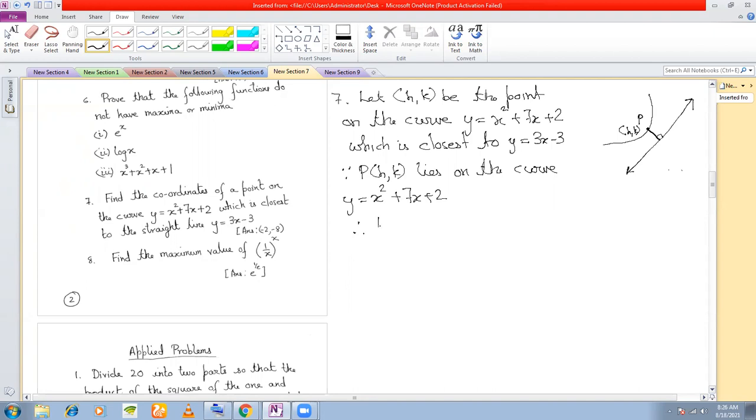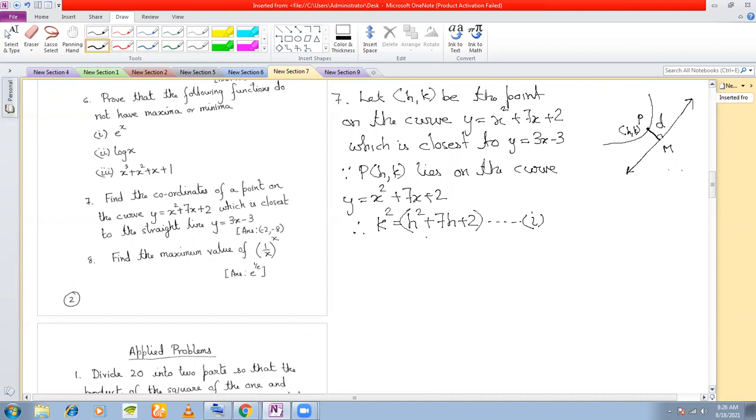Therefore, you can put y is equal to k and you can put x is equal to h. Okay, this is what we are getting. The first relation. Call this equation number 1. Now, we need to find out the minimum distance of the point, that is d. This d has to be minimum.